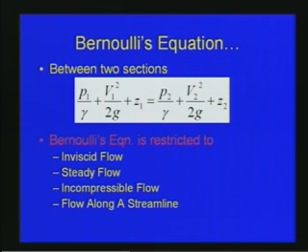The equation is applicable for inviscid flow since we derived it from Euler's equation, and only steady state was considered. It is generally applicable to incompressible flow, and we take a streamline along which the equation is derived.